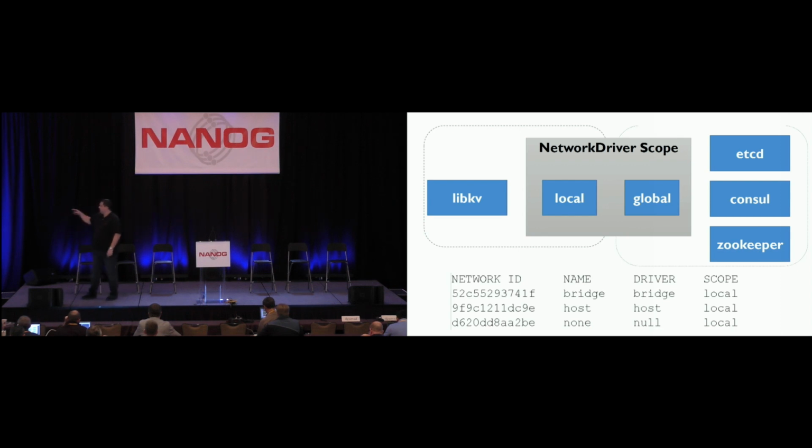I advise against. So there is an important thing about network driver, which is scope. When you deal with Docker plugins, when you run Docker network ls, you would notice that there is a scope thing, local and global. And I never understood it myself until I read the code and tried to figure out why we do that. So it's actually a VRF. To connect the terms, if it's local, you are using local key value store, which in Docker is BoltDB.